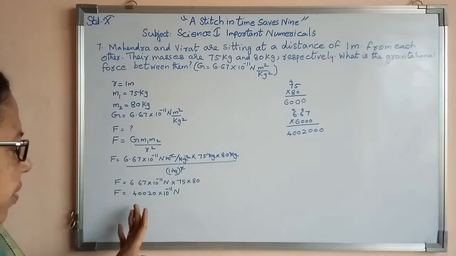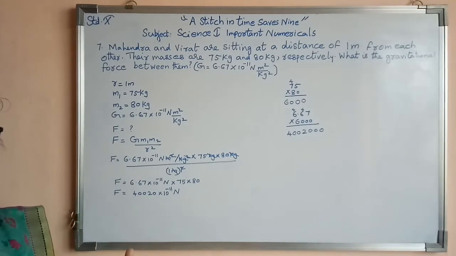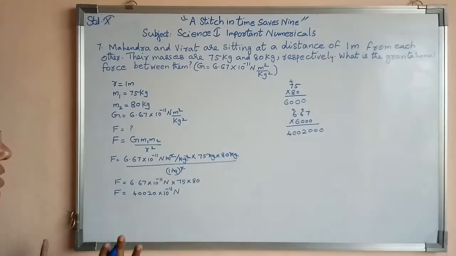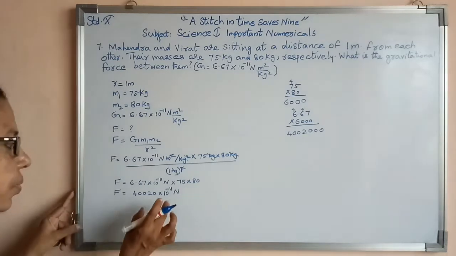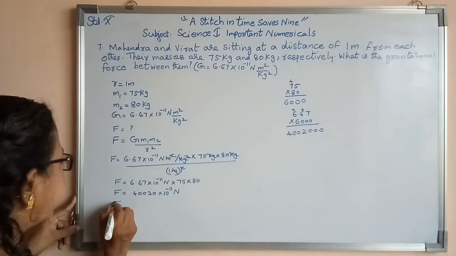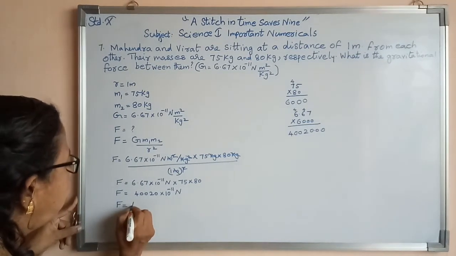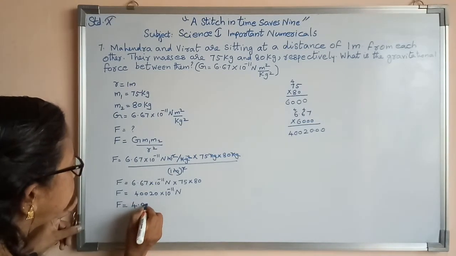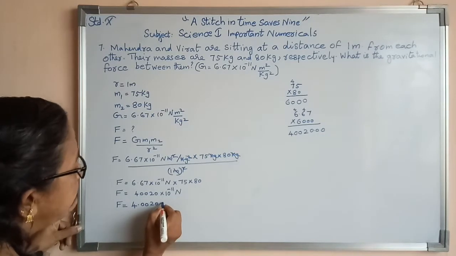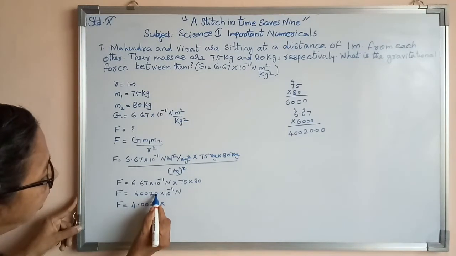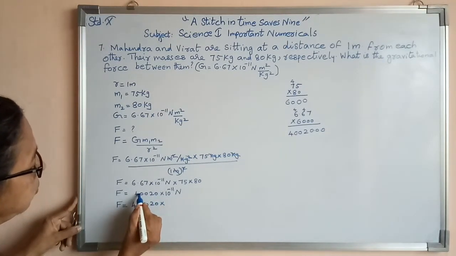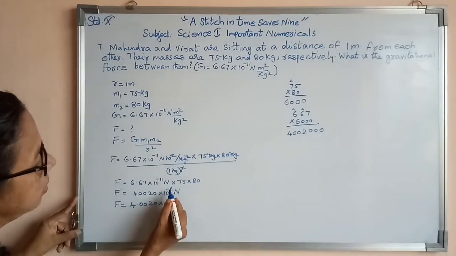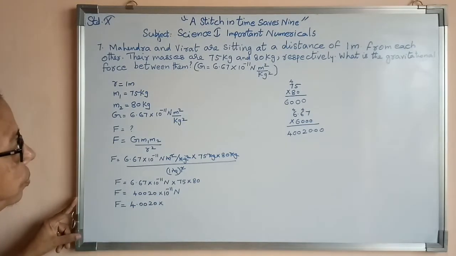Now, if we want to reduce this value, we can write this much, and then also the answer is complete. Or if you want to reduce this value, we can write F is equal to 4.0020. At that time, after 4 digits we put the decimal, so because of that we have to subtract 4 from the minus 11.